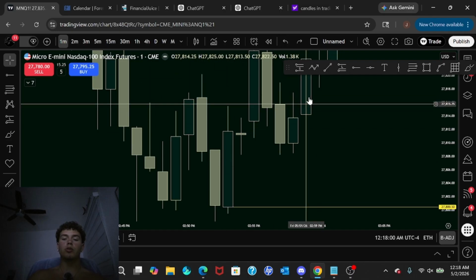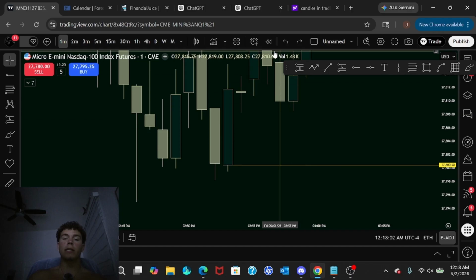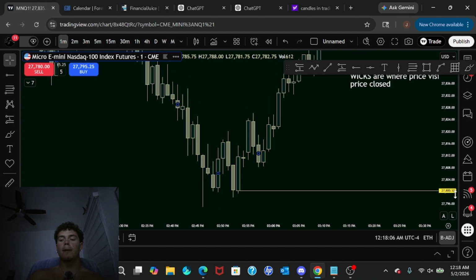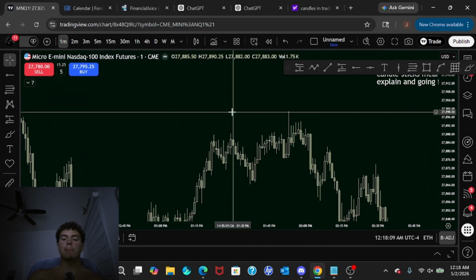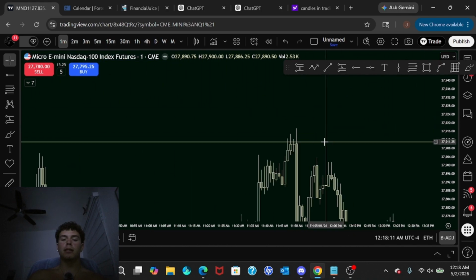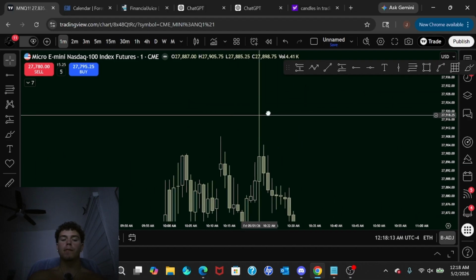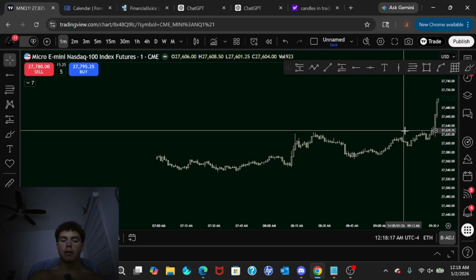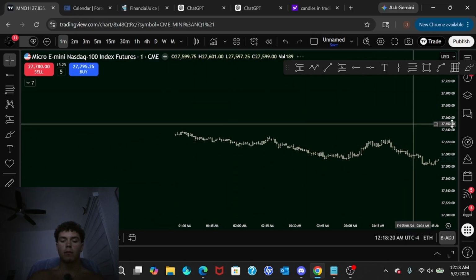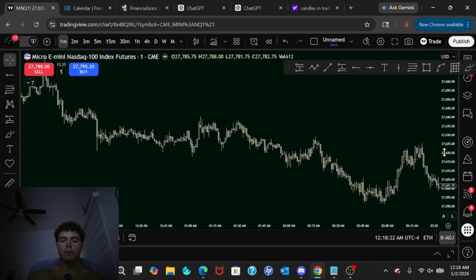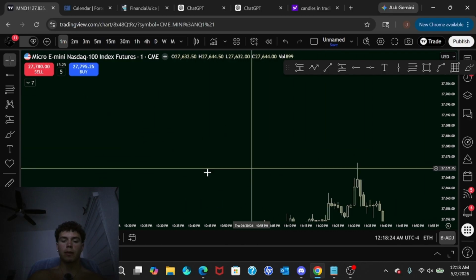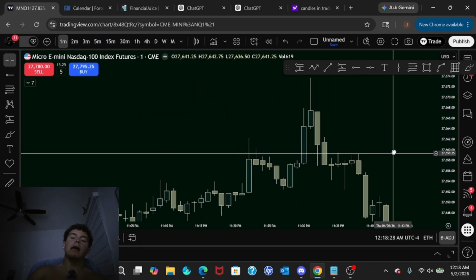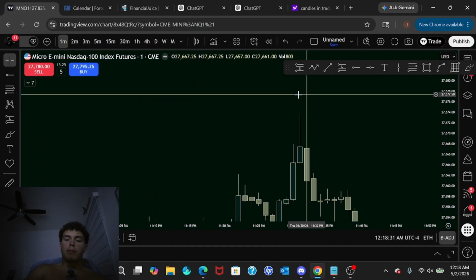Now I want to get into what wicks mean, what the candles mean. So let's use a good example here. What do these wicks mean?